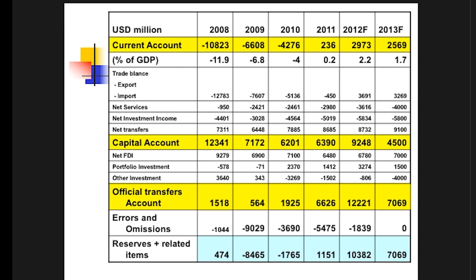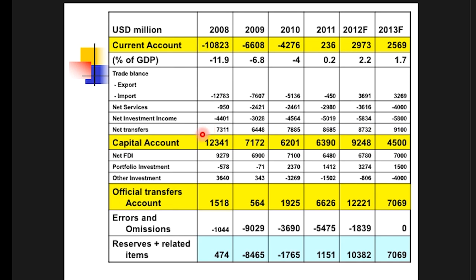For example, in 2008, the balance for the current account is minus $10,800 US. It is the sum of the 1, 2, 3, and 4 net values of the sub-accounts.